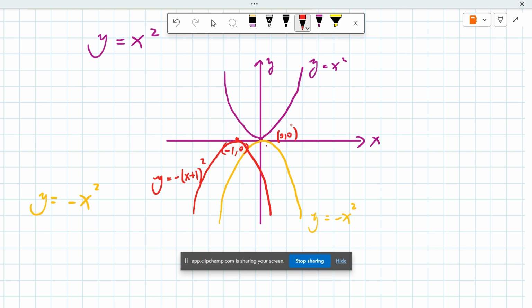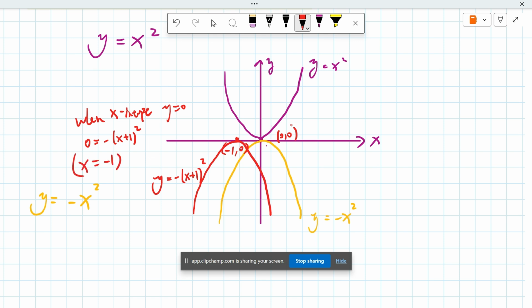Hopefully that makes sense. Now they're asking for your x-intercept, which is y equal to 0, so 0 equal to minus x plus 1 all squared. When that equals 0, x plus 1 equal to 0, so x equal to negative 1.